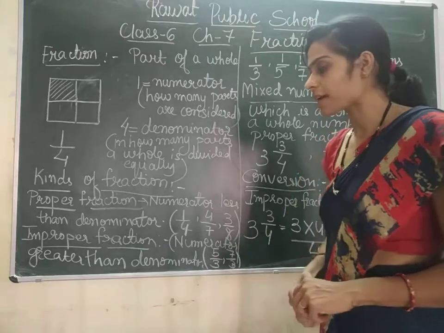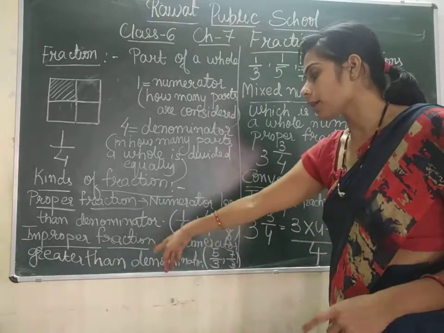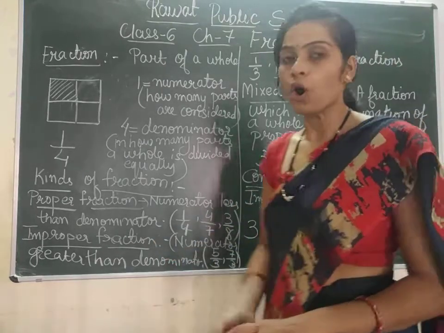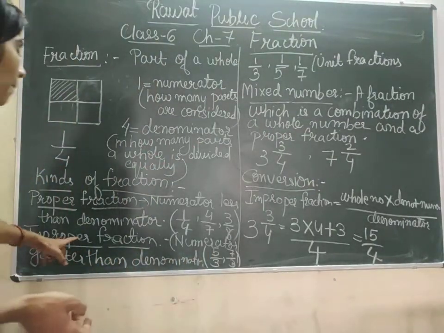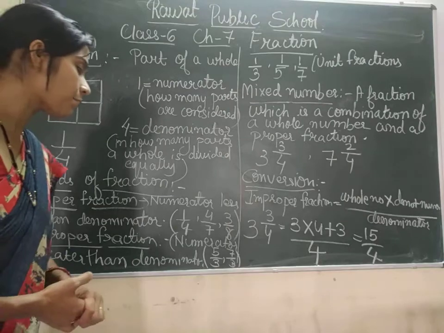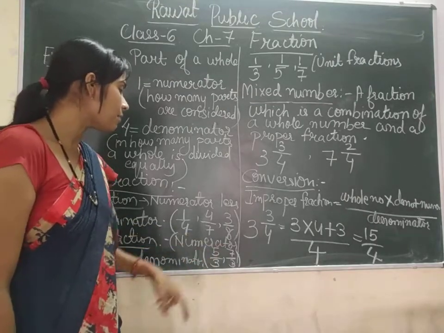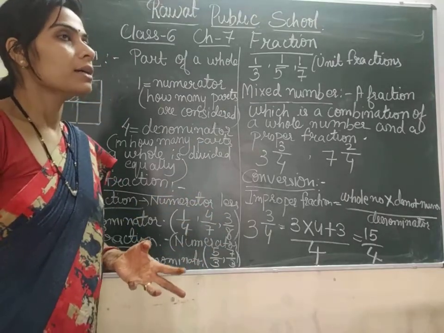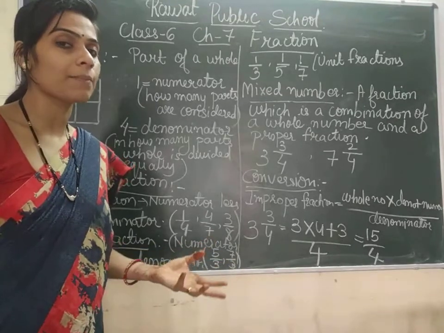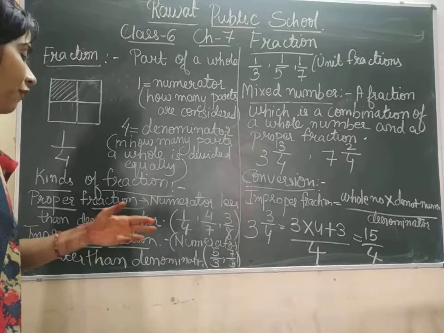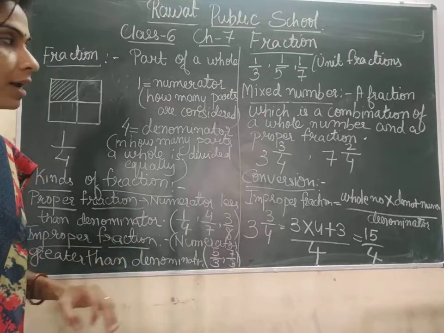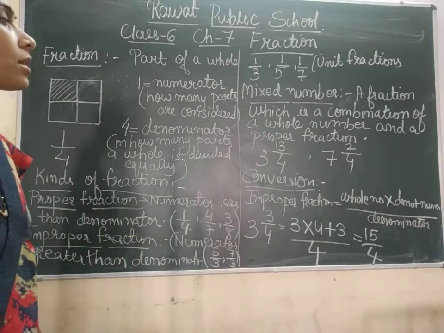Now improper fraction. Numerator greater than the denominator, or the fractions which are greater than 1, are improper fractions. For example, 5/3, 7/3, 6/5.